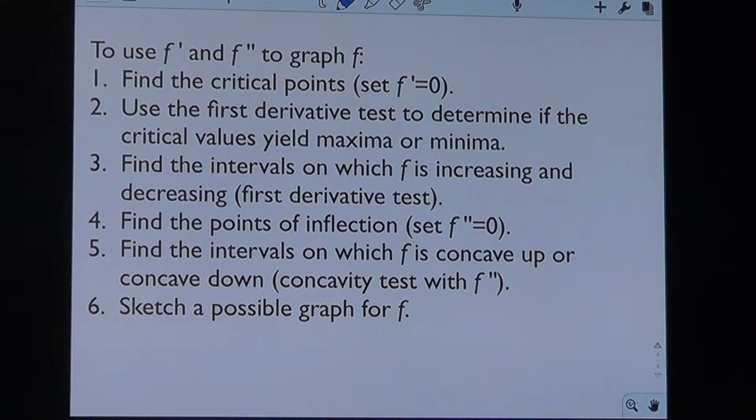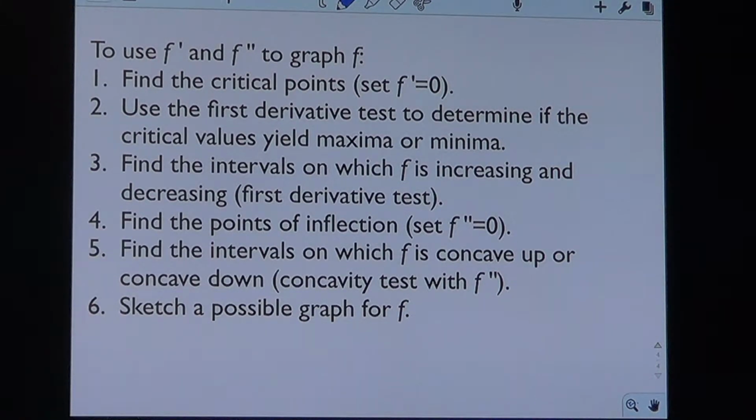Okay. So with all of this information, we can sketch graphs of functions. Okay? So first we're gonna find the critical points. The critical points will tell us where the maximum and the minimums are, which we can tell if they're maxima or minima if we use the first derivative test, or we could also use the second derivative test for that too.